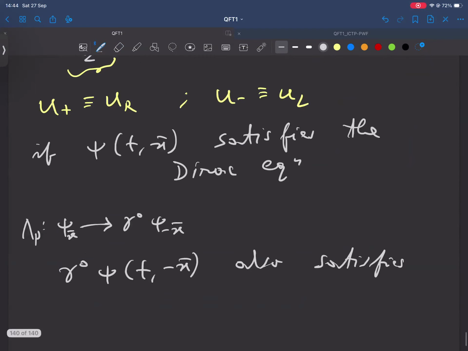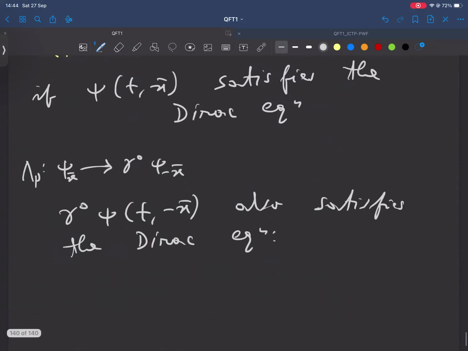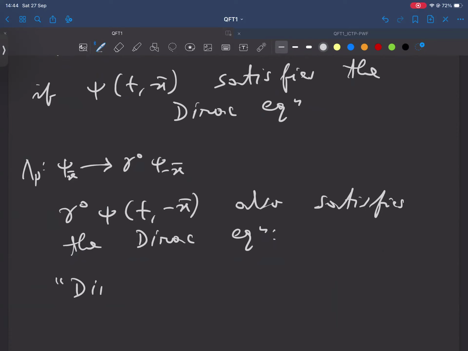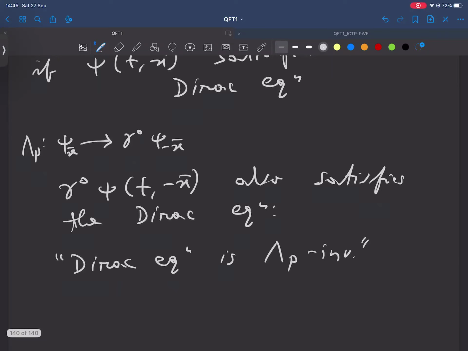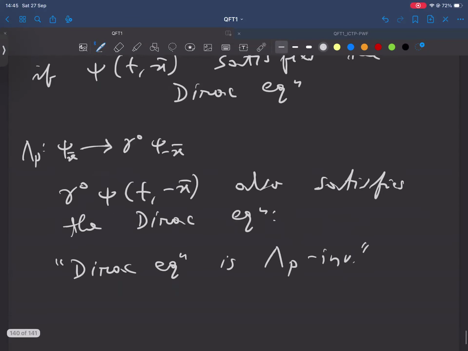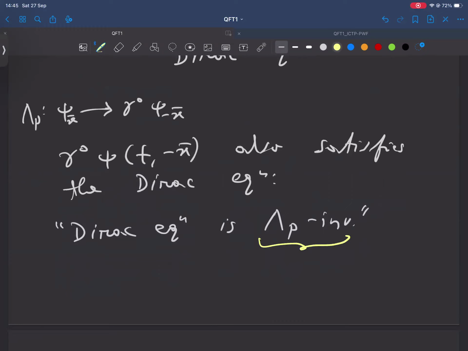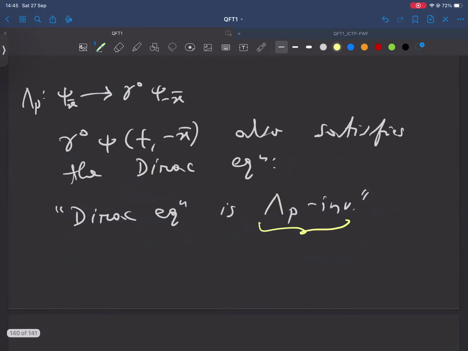So here we see that the Dirac equation is parity invariant, because under parity the equation remains the same. If psi satisfies it, then gamma 0 psi also satisfies it. And note that this is our first encounter of a discrete Lorentz transformation and an equation of motion which remains the same under that.